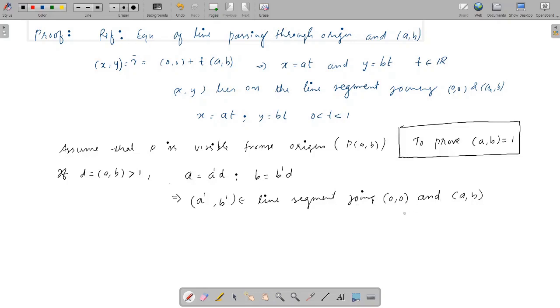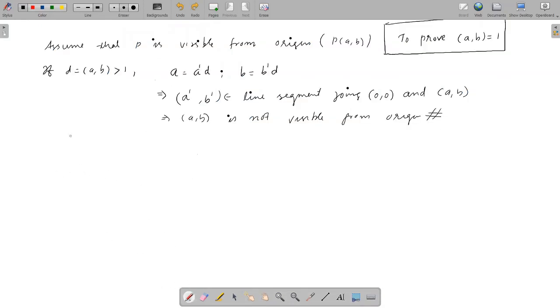This shows that these 2 points are not mutually visible. That means AB is not visible from origin. So this is a contradiction. You already assumed that this P is visible from origin.